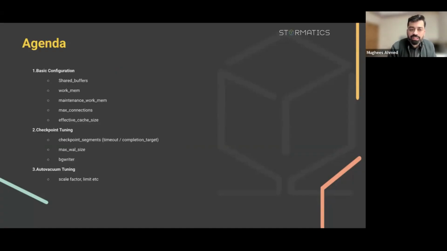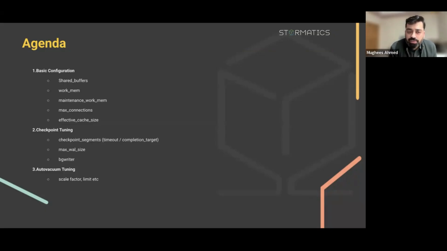About today's agenda, we will be talking about the key parameters mostly related to Postgres. Whenever you install your Postgres, you need to make sure you have a few parameters set up to the market standard or best practices followed by most engineers over the years.